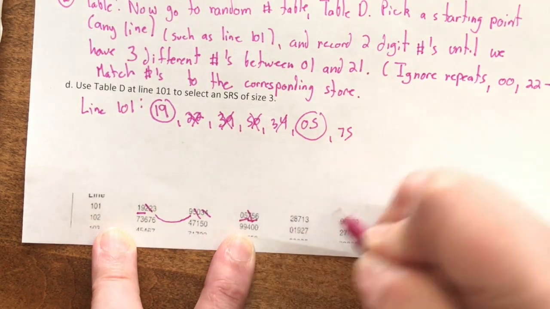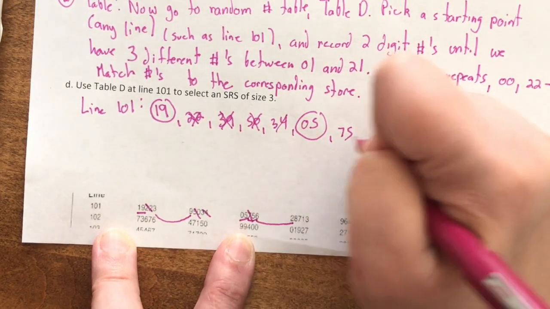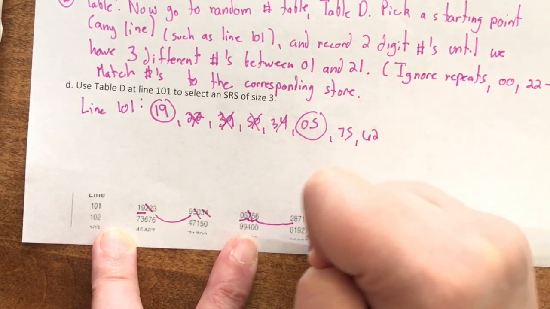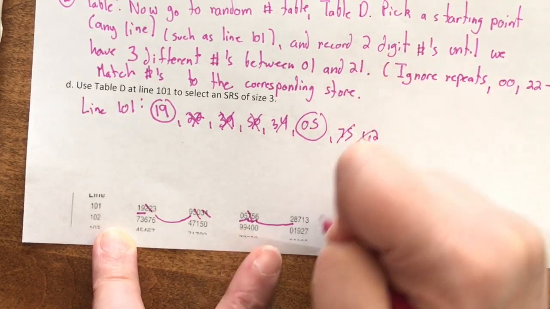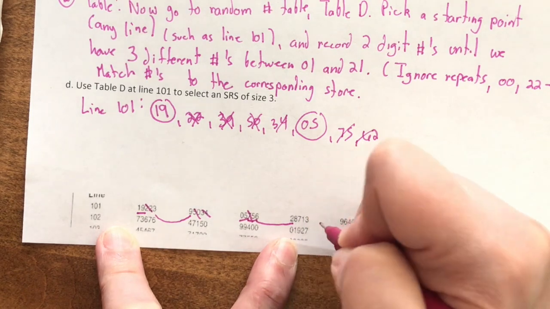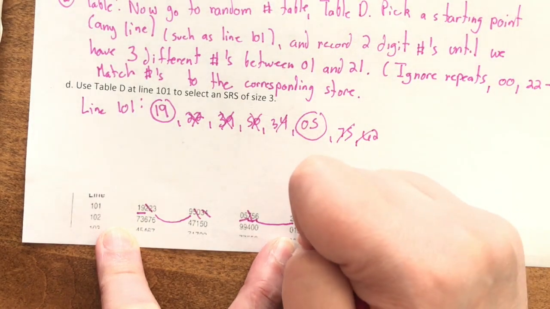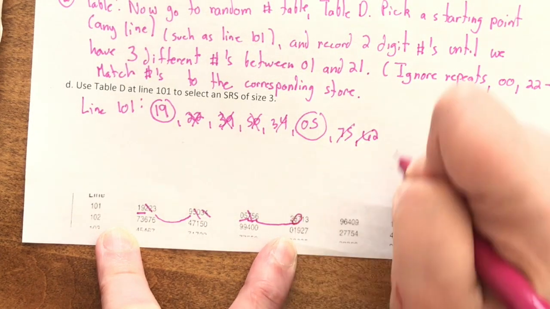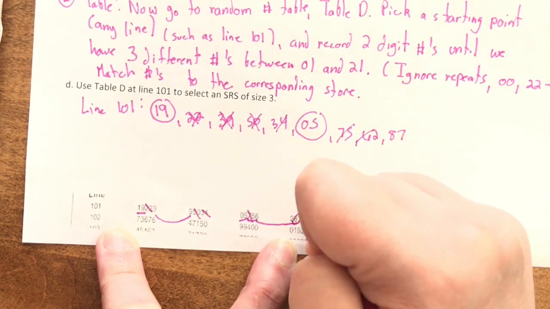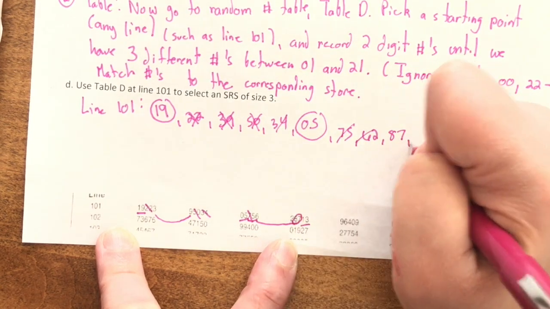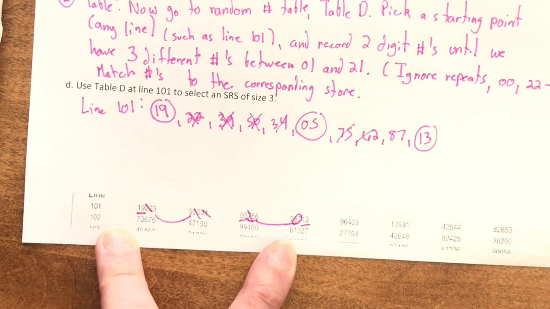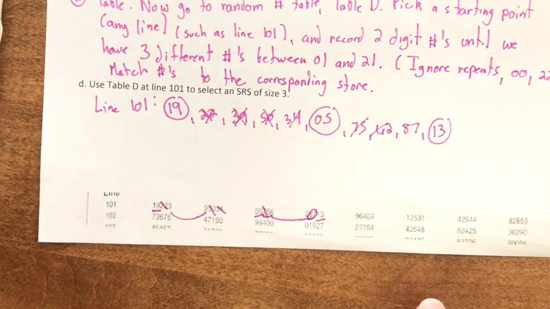Next, we have 75. Then we have 62, which are not part of our population. After 62, we have 87. 87 is not part of it, but the next number is 13. 13 is part of it, and I'm now going to stop because I have the 3 stores.